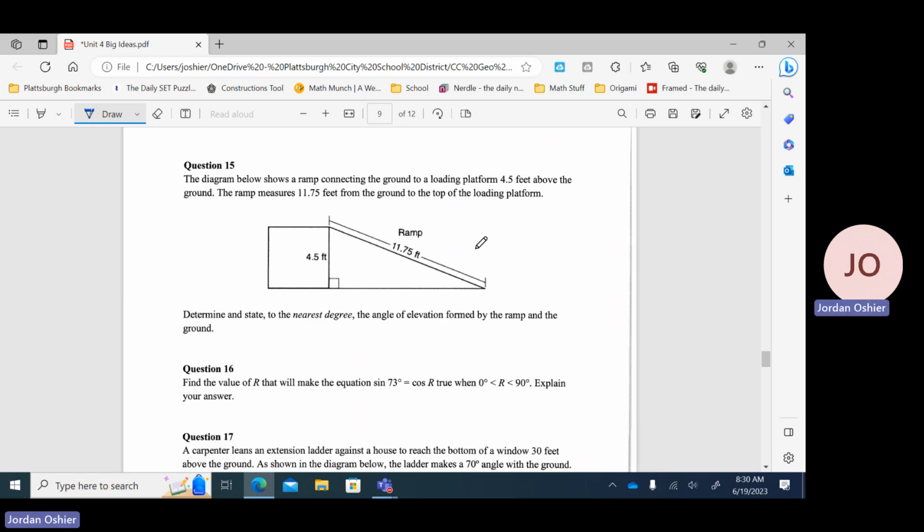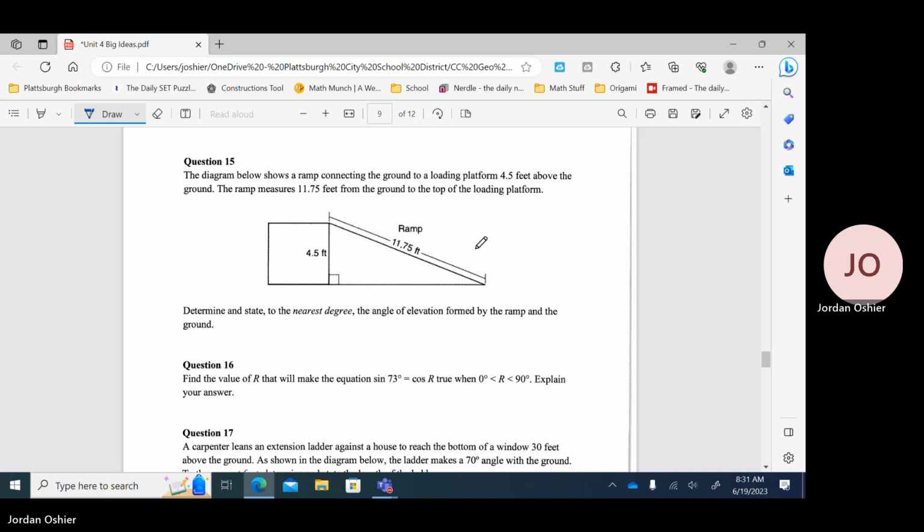Next question, they gave us a ramp. And it's connecting to the ground to a loading platform 4.5 feet above the ground. The ramp measures 11.75 feet from the ground to the top of the platform. They want the angle of elevation formed by the ramp and the ground. So there's my x. Opposite over hypotenuse. This is a sine question. Sine of x equals 4.5 over 11.75.